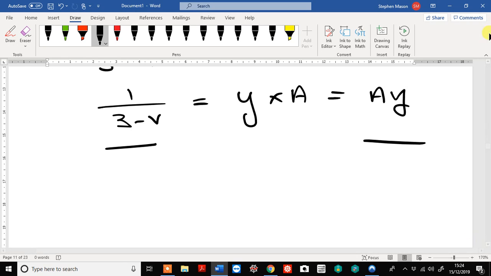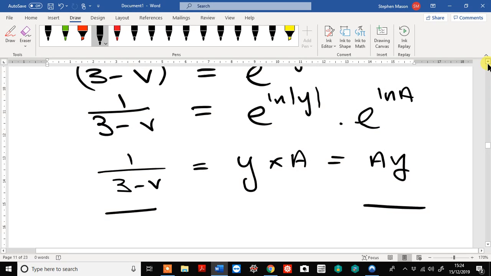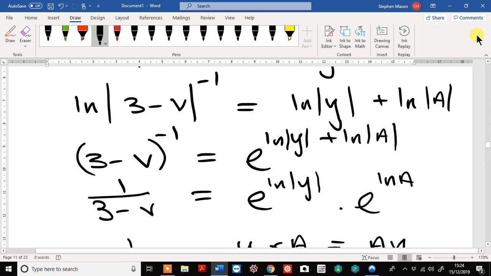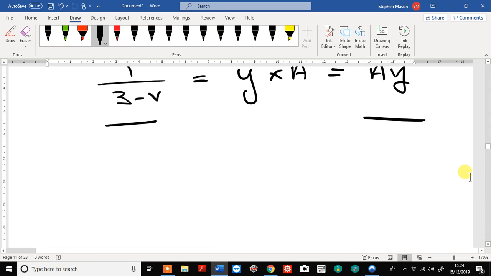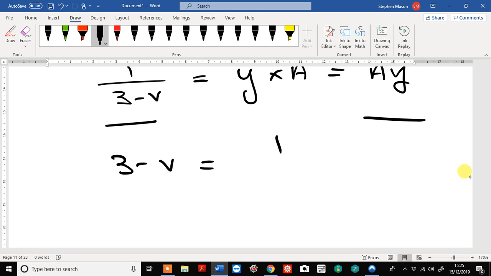I'm going to go back and, no, I won't change anything. It becomes a bit complicated if I do that. So if we take the inverse, we've got 3 minus v equals 1 over a y.